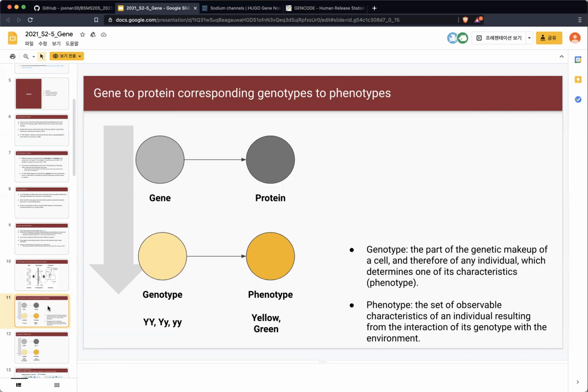That phenotype is constituted by proteins, right? And those proteins are actually modulated by the RNA or the gene, and that is the basic concept of the central dogma, right?